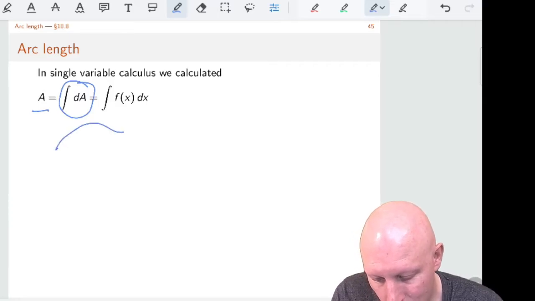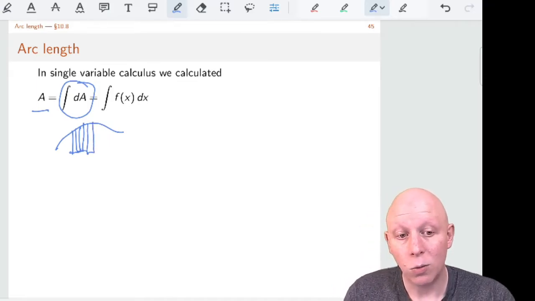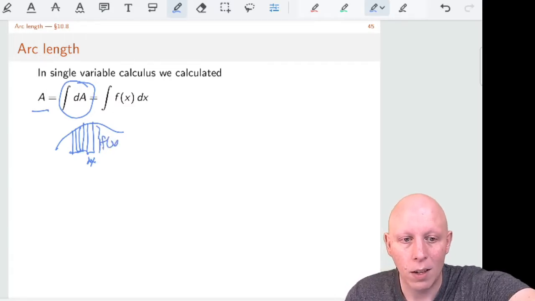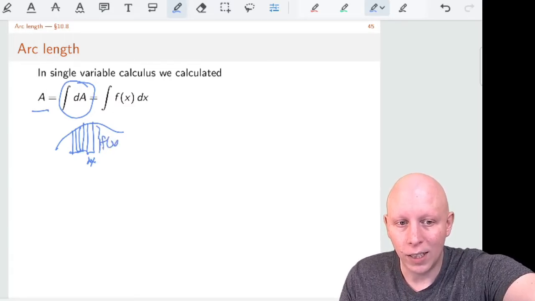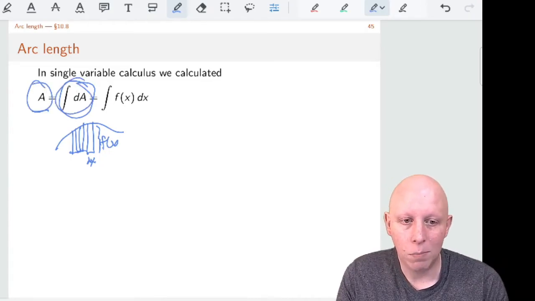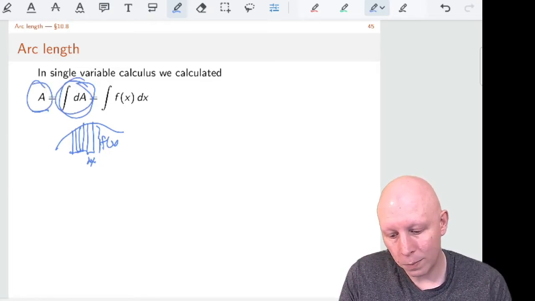We said, let's add up a whole bunch of rectangles, and each of these rectangles was calculated by some little bit of x distance times the height, f of x. So in some sense, what we were really doing is saying area is a sum of a whole bunch of little bits of area.